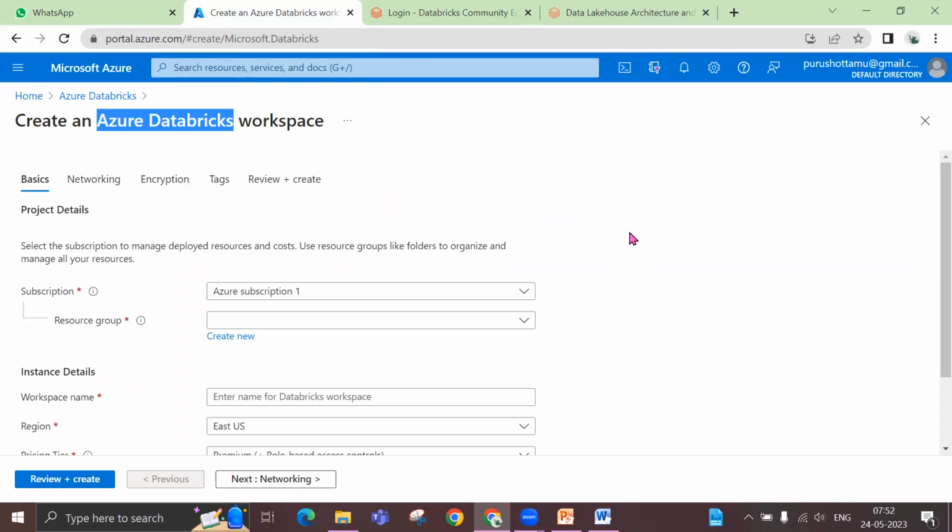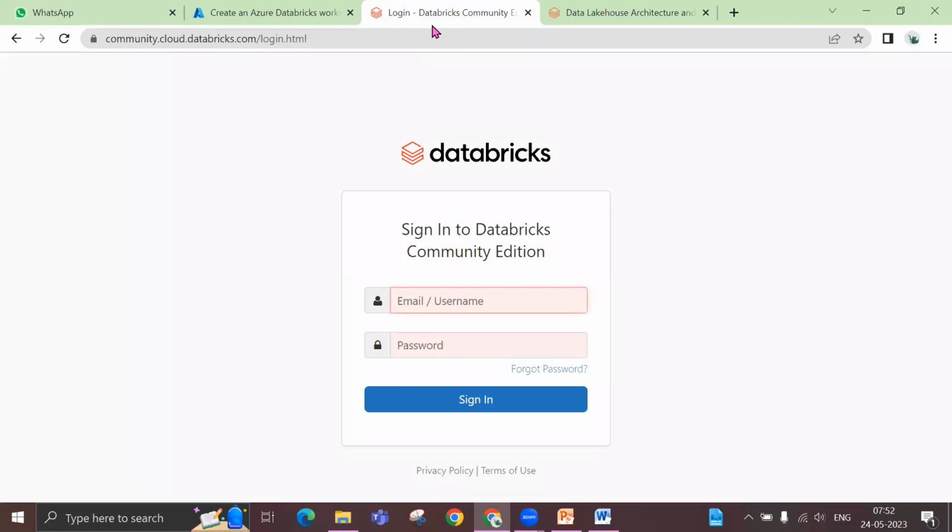Okay, so for our training purpose, what we can do is, Databricks provides a community based service only for learning. Okay, so for learning purposes, we will be using this Community Edition, and it's completely free forever.